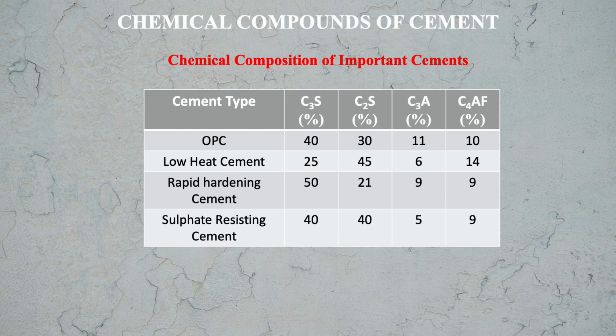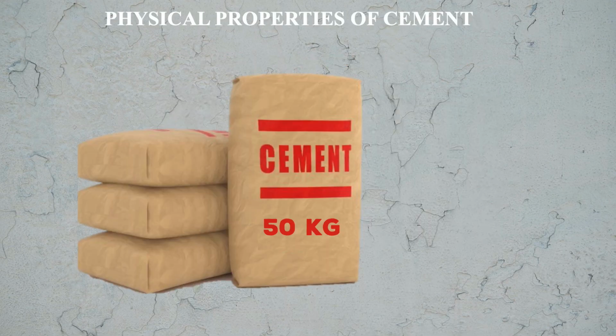In sulfate resisting cement, C3S is 40%, C2S is 40%, C3A is 5% and C4AF is 9%. So you see that by changing the percentage of these compounds, you can get different types of cement. Now let us see physical properties of the cement.